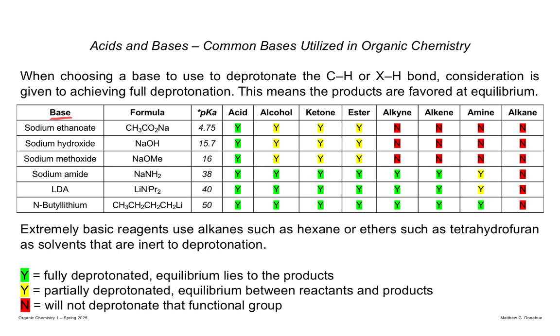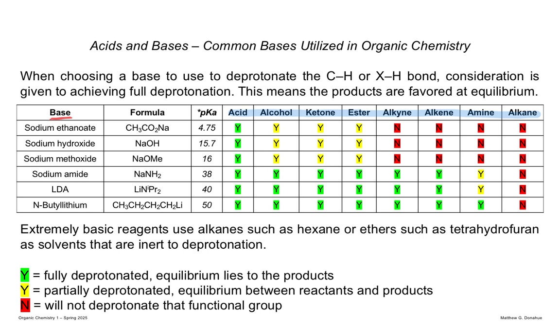And then the rest of the columns, I'll highlight in blue just so it's different. What I'm highlighting in blue are all the common functional groups. And so you use this table to basically match what is the appropriate base to deprotonate an acidic hydrogen in that functional group.